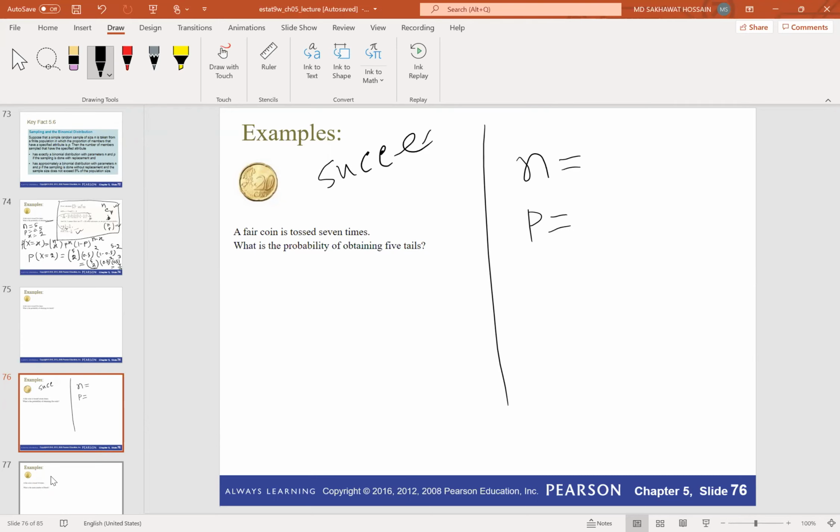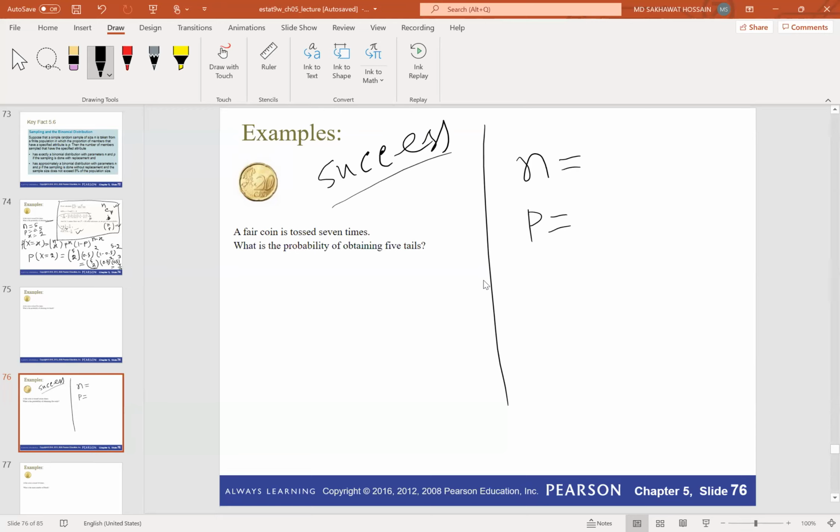Which outcome will we consider as success? Tail or head? What do you think? Tails, right? Yeah, because we are interested in obtaining tails. So the success should be getting a tail.